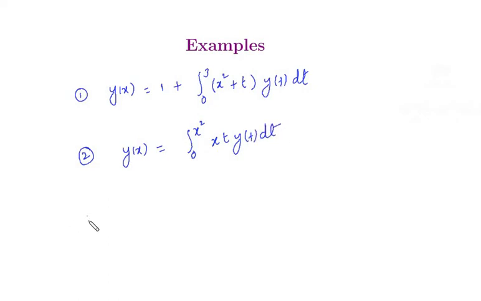And let us go through all the definitions with three examples. y of x is equal to 10 integral say 1 to x of cos(x t) y(t) dt.